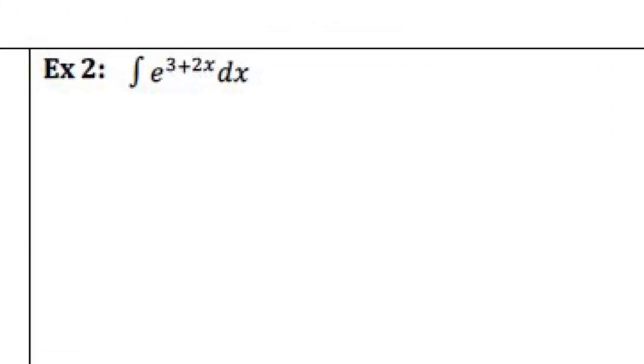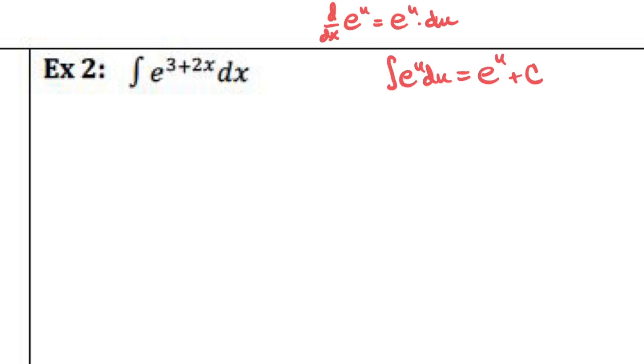For our next problem, what I need you to recall is that the derivative with respect to x of e to the u is e to the u times du. All right, so now when we look at our problem, this should help us out. The antiderivative of e to the u du will also be e to the u plus c.